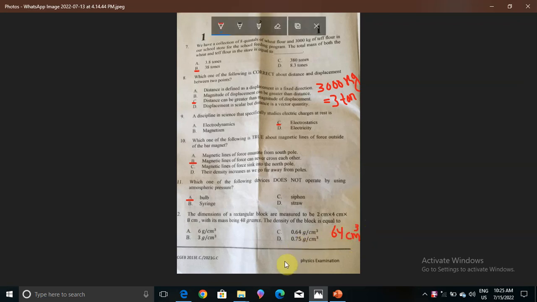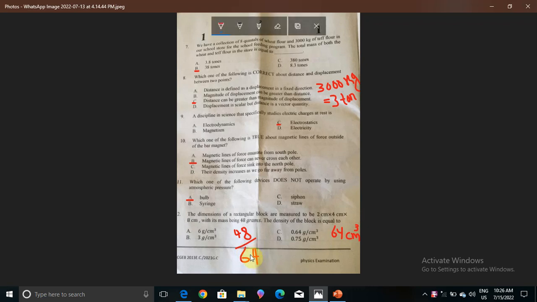After that, what we will do, we have 48 grams, right? So that means we'll make 48 divided by 64, which means mass divided by volume. It will be 48 over 64.